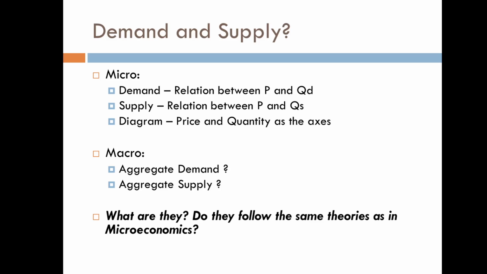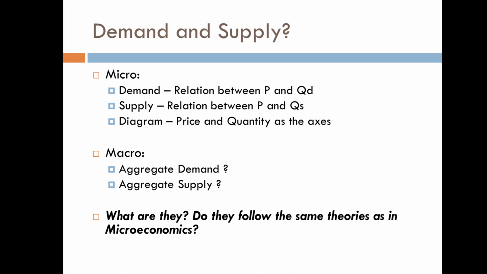But now, when we go to macro, it's about the quantity of all goods and services. So how do you quantify all goods and services? It's not possible. When we are trying to compare units, you have to follow the rule, like apple to apple.